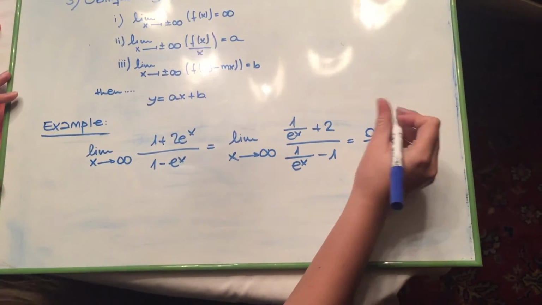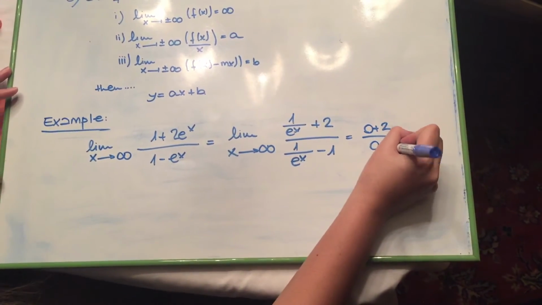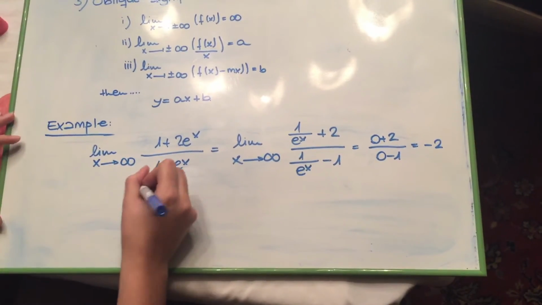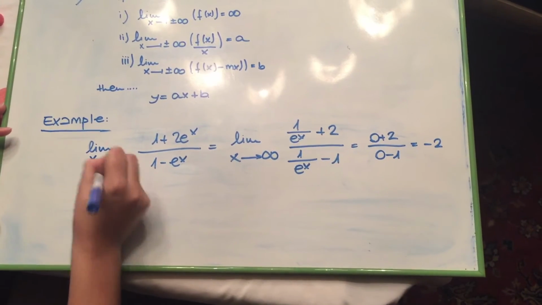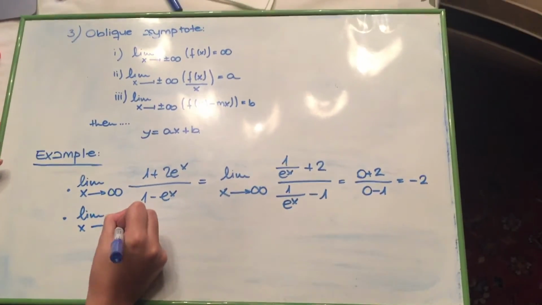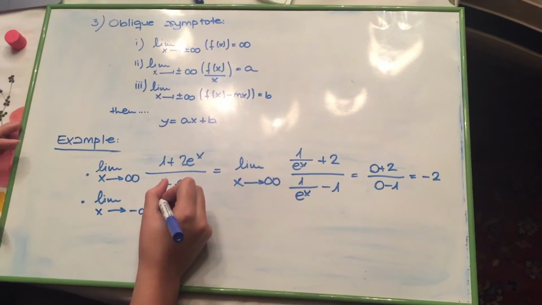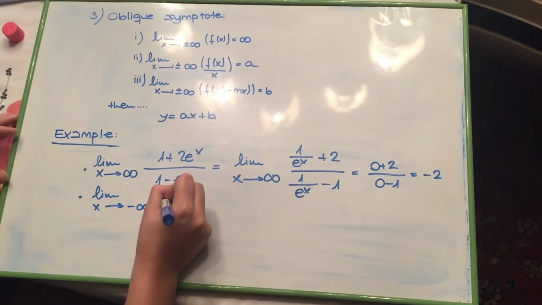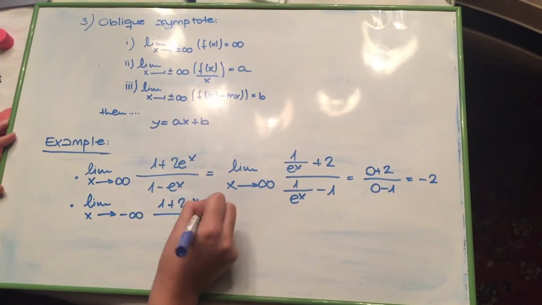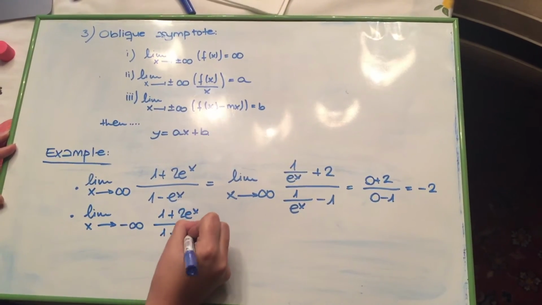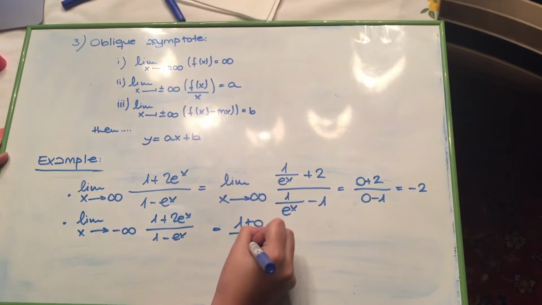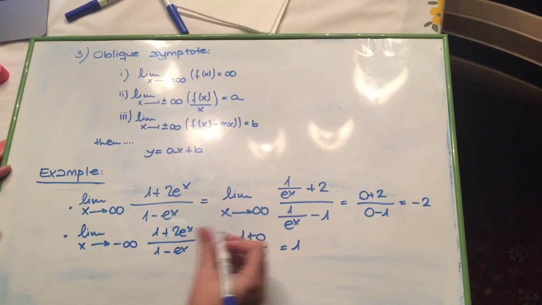We know that e to the power of x gets close to 0 as x goes to minus infinity. So the limit as x goes to minus infinity of 1 plus 2e to the power of x divided by 1 minus e to the power of x equals 1 plus 0 over 1 minus 0, that equals 1. So the lines y equals minus 2 and y equals 1 are horizontal asymptotes.